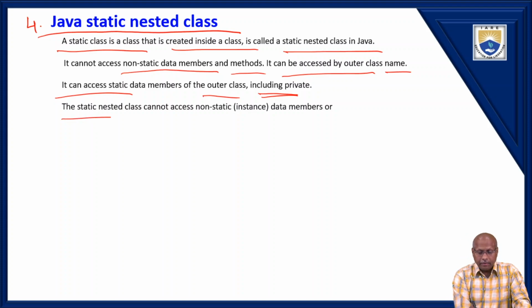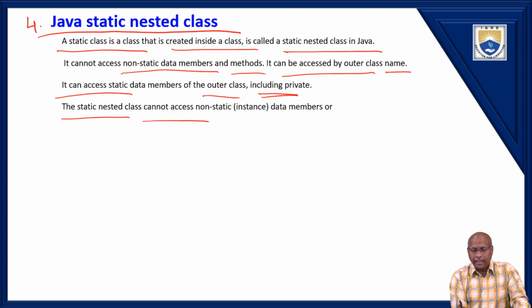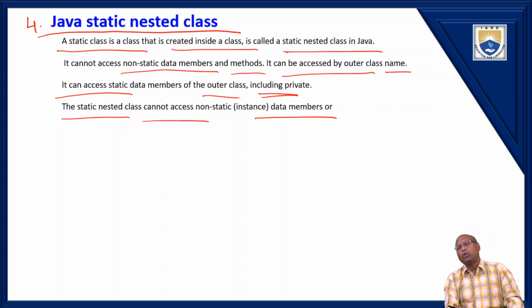The static nested class cannot access non-static data members. So today you came to know how you can use the static keyword in Java: before a variable, before a method, before a block, as well as before a nested class. In four places you can use static.